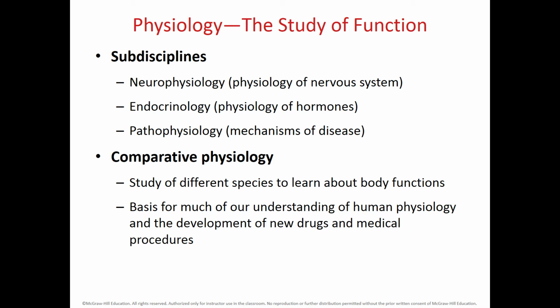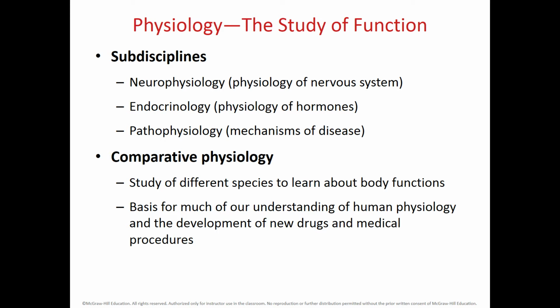For instance, we have subdisciplines that study the function of the nervous system; in this case, this is called neurophysiology. A branch of medicine that studies not only the function of hormones but also the tissues within the endocrine system, or the glands in our body, is known as endocrinology.